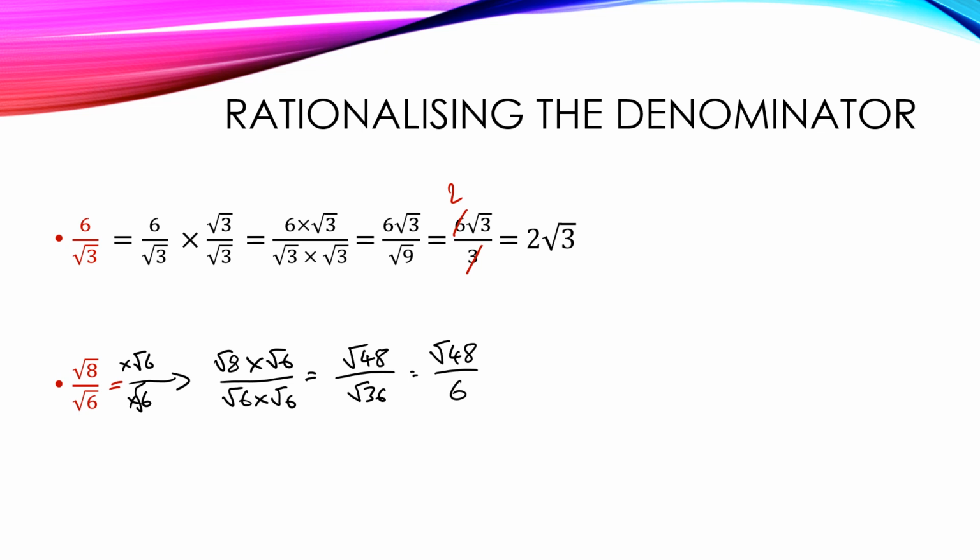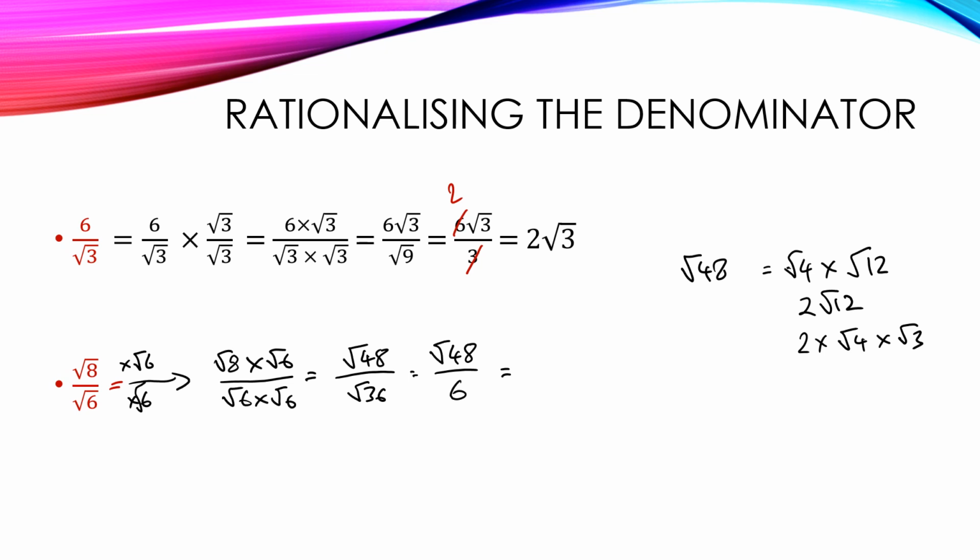Or if you want to look even smarter, you could simplify the top surd. Remember, square root of 48, you could simplify down to square root of 4 times square root of 12. So square root of 4 becomes 2, so 2 square root of 12. You could actually even simplify this one down even further. You could go 2 times square root of 4 times square root of 3.